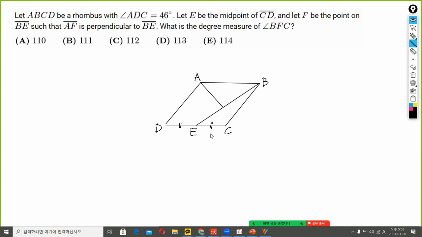And AF is perpendicular to BE. And we want to find the measure of angle BFC, this angle.